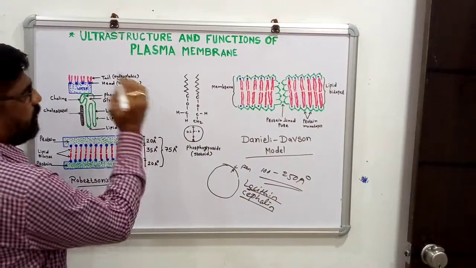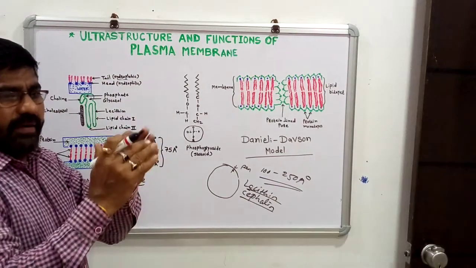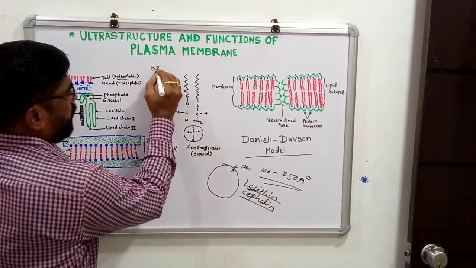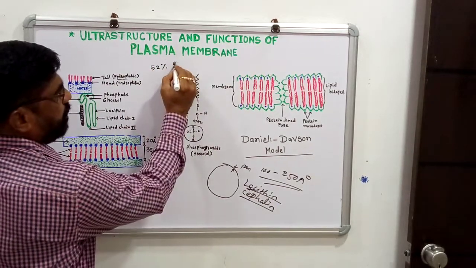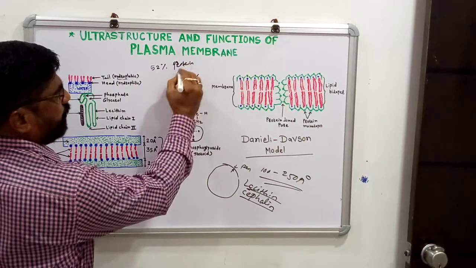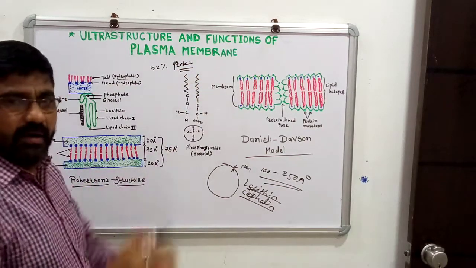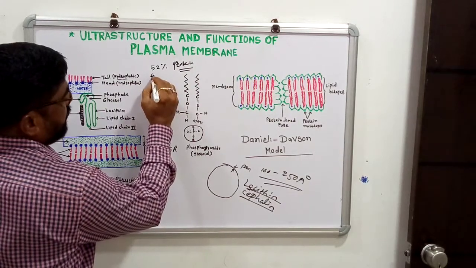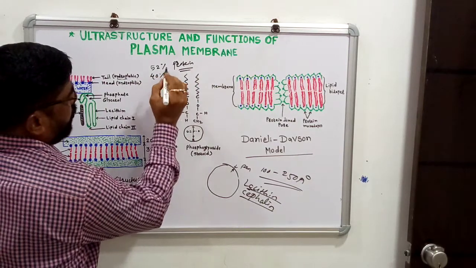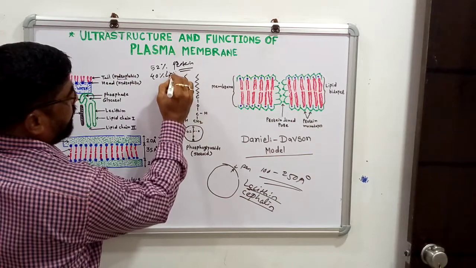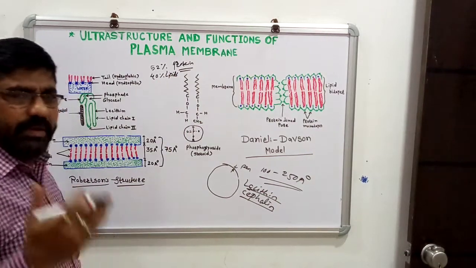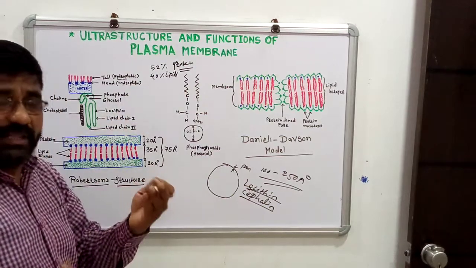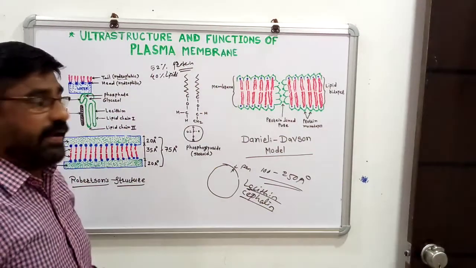If you observe this structure, it has been observed that approximately 52% of the plasma membrane is proteins, and up to 40% is lipids. These are the phospholipids, either lecithin or cephalin.